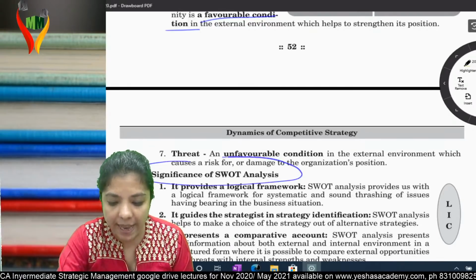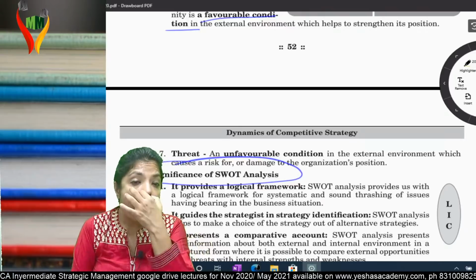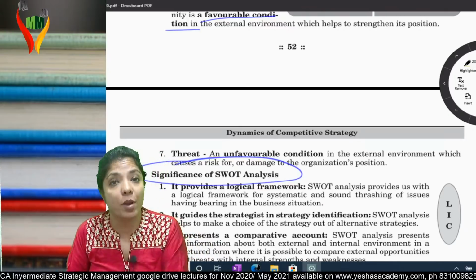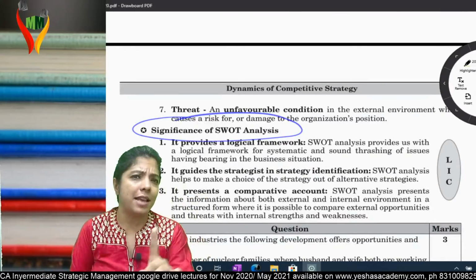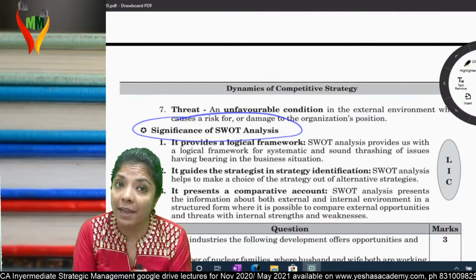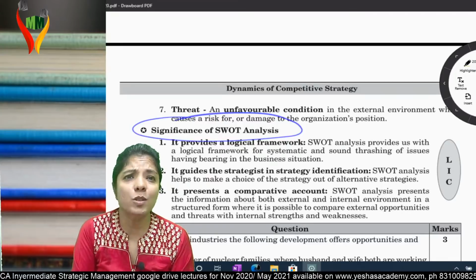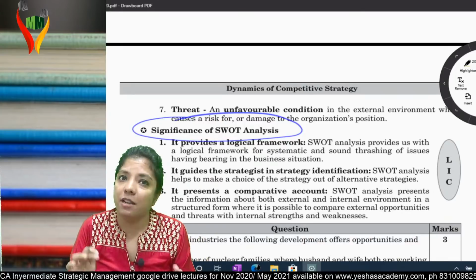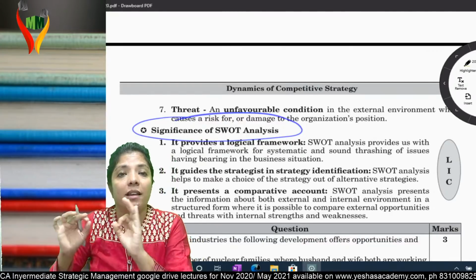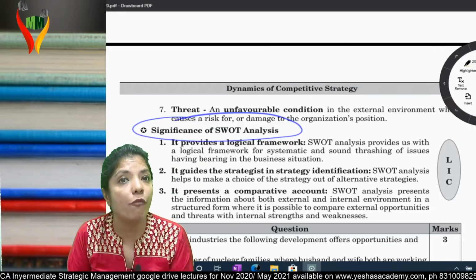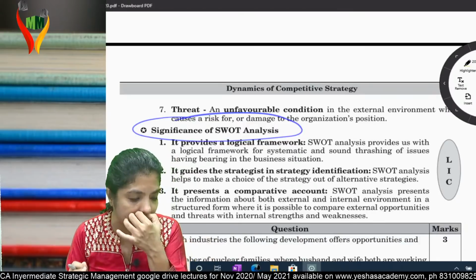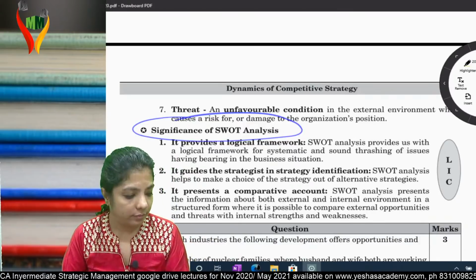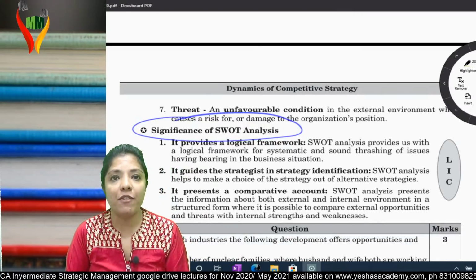Now mark this point important: the significance of SWOT analysis. How is SWOT analysis helpful to us? I want a correct reply. What is the best advantage? Why do I go for SWOT analysis? Reply fast.